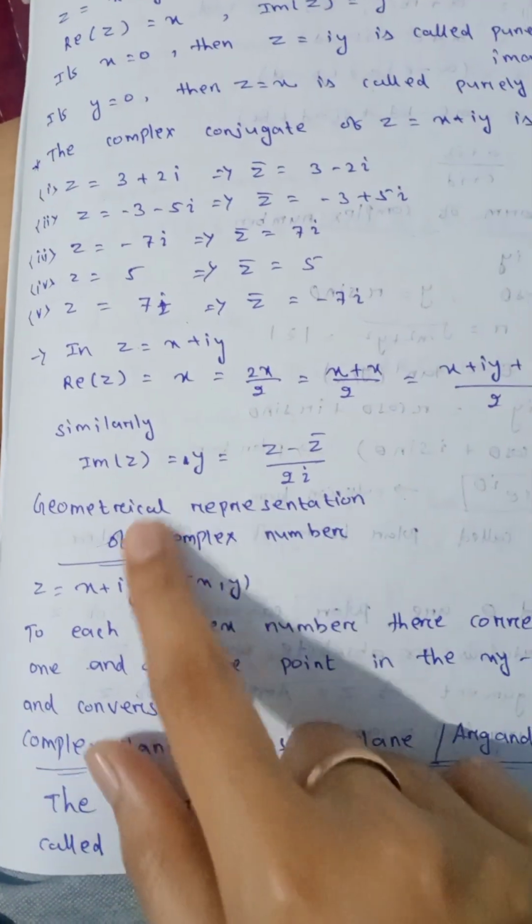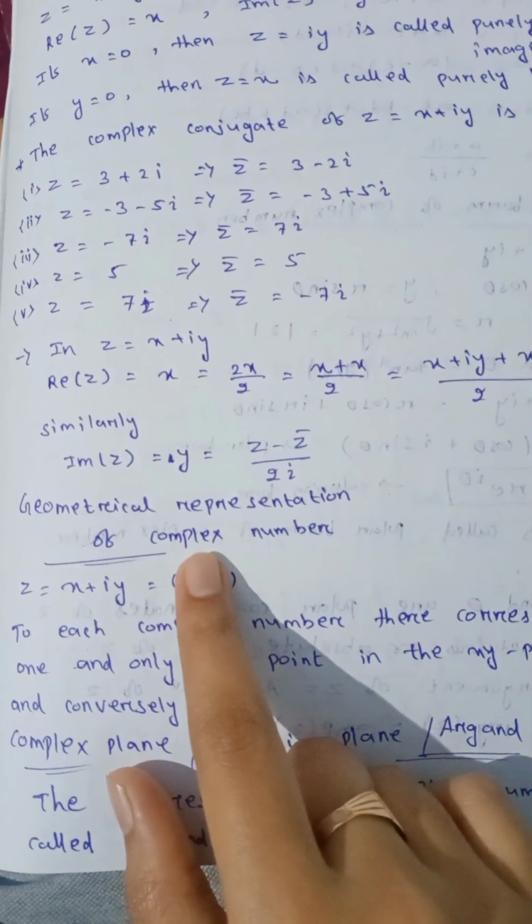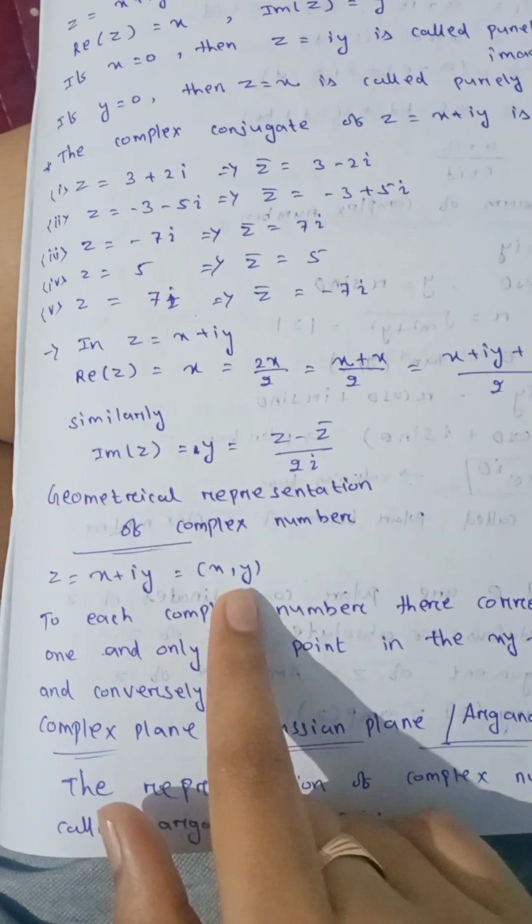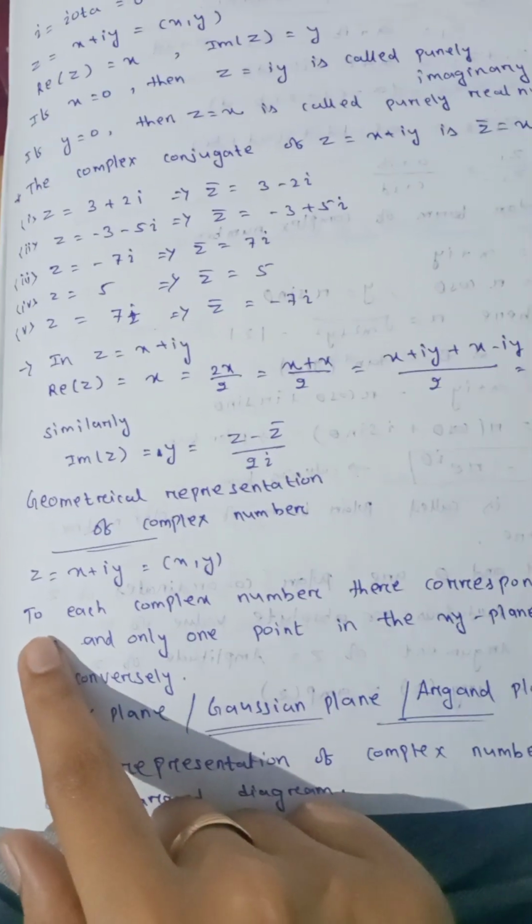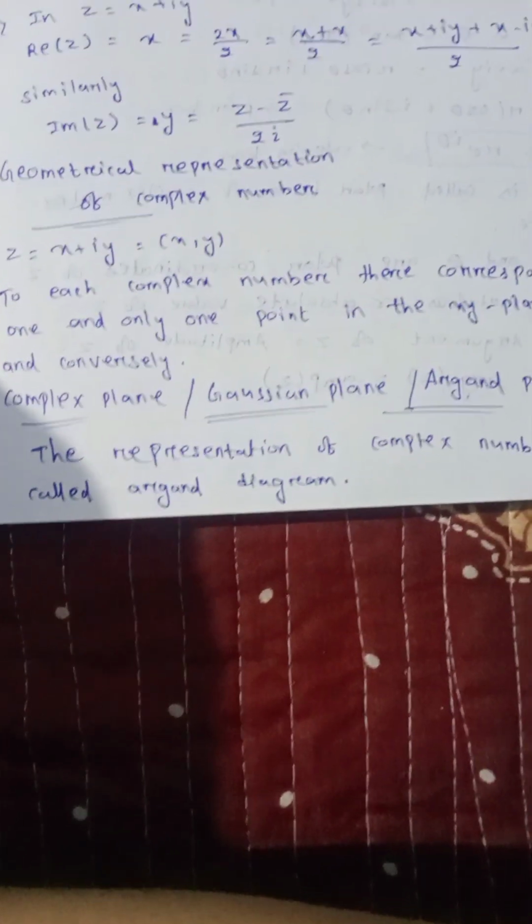Then we shall learn about the geometrical representation of complex numbers. If z equals x plus iy equals (x, y), then the representation of the complex number is called the Argand diagram.